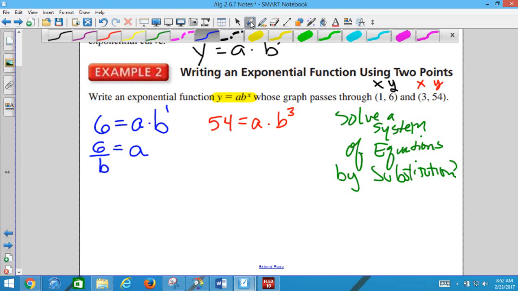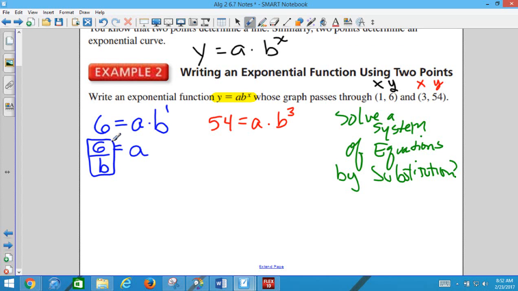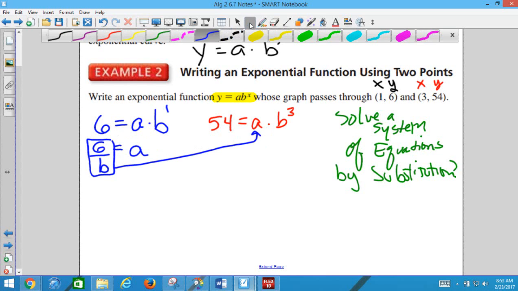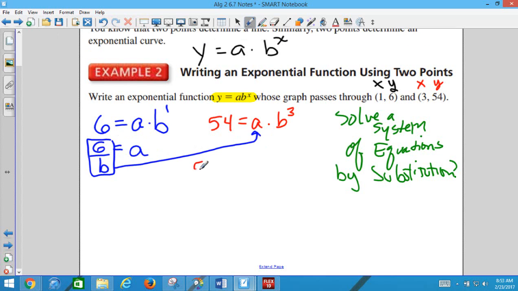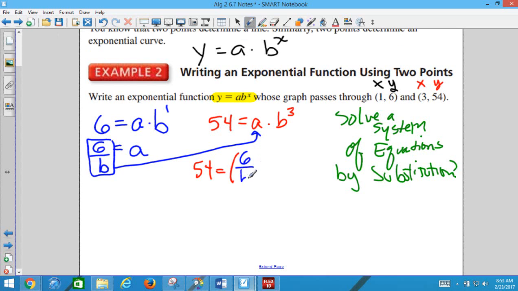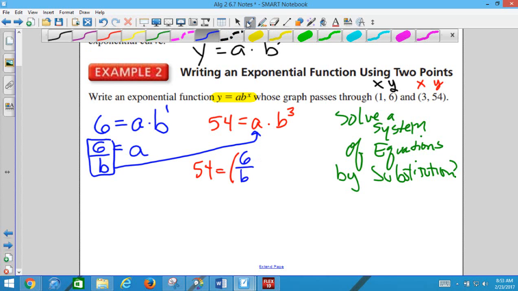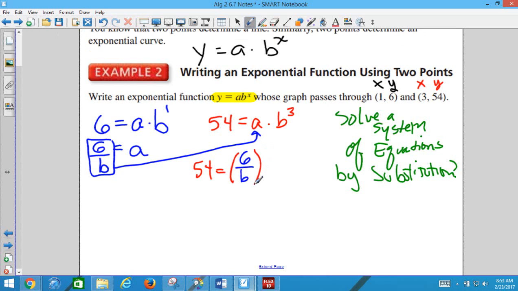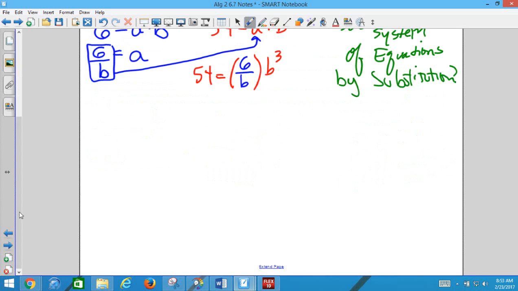All right. Now we're going to take A equals this. That's what A equals. And we're going to substitute it for A in the other equation. So I'm going to have 54 equals 6 over b, and I'm going to multiply that by b to the third. So I substitute it.